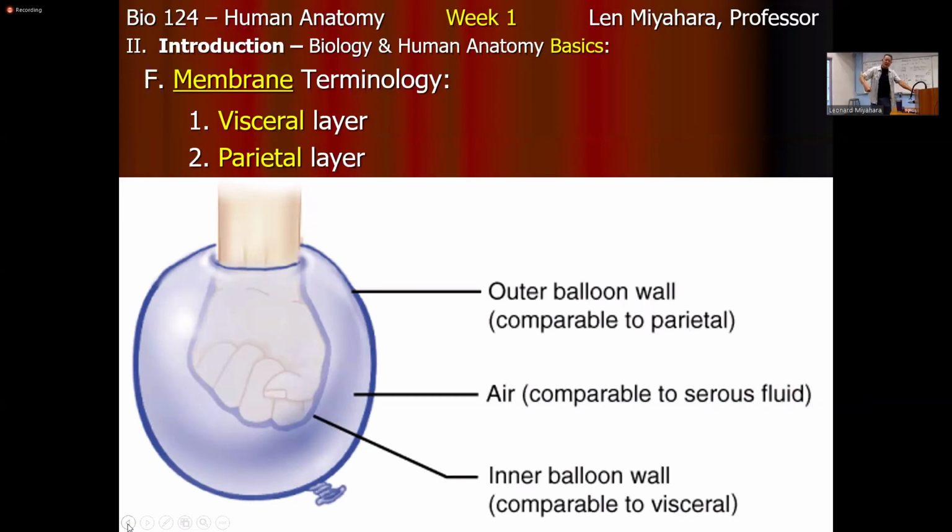Your fist is the organ. Got it? When that happens, you draw that membrane with you on your fist. Now you have two sublayers of membrane, that which is actually stuck on the fist and that which is still lining the cavity wall. Does this make sense?